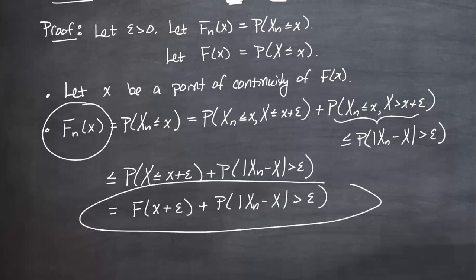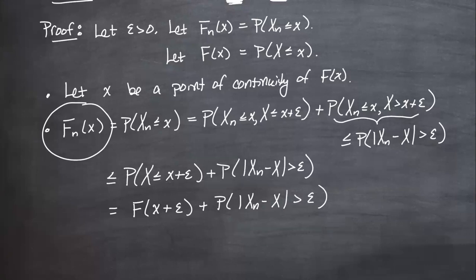Now, because Xn is converging in probability to X, this term is going to go to 0 because the distance between them is not going to be above some number as n gets large. But this will only give us that this CDF is less than or equal to something, and I want to know its actual limit. So I'm going to do kind of a squeeze theorem thing.